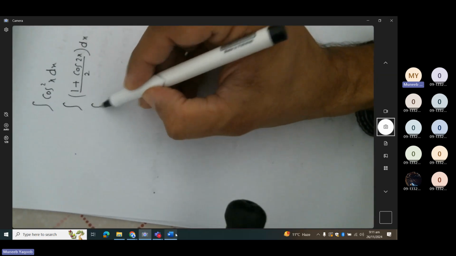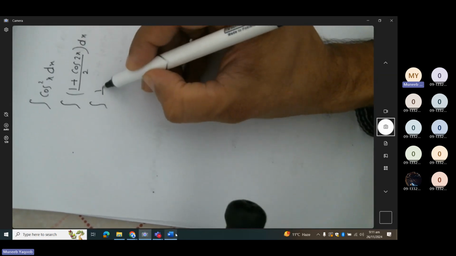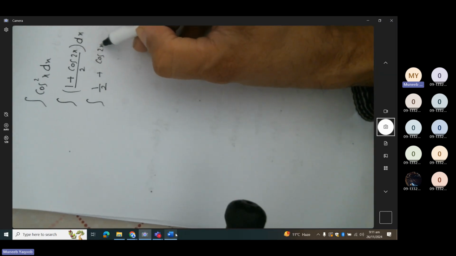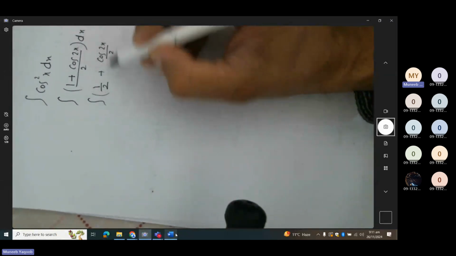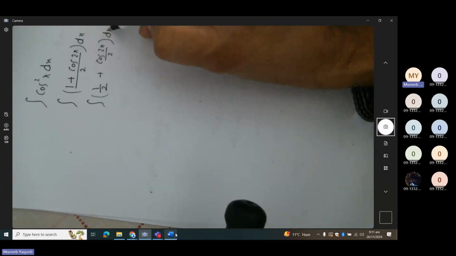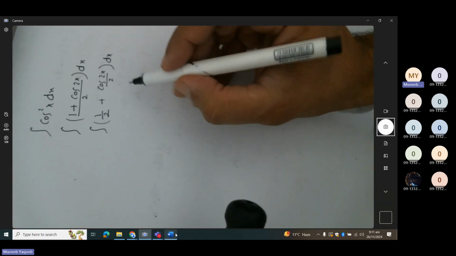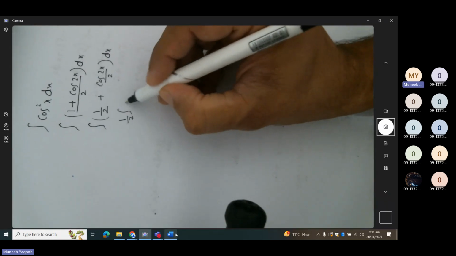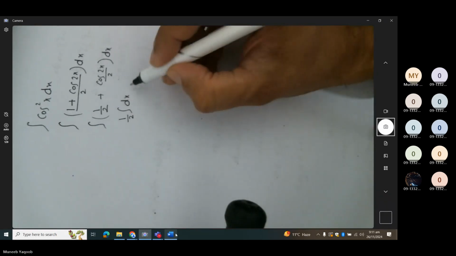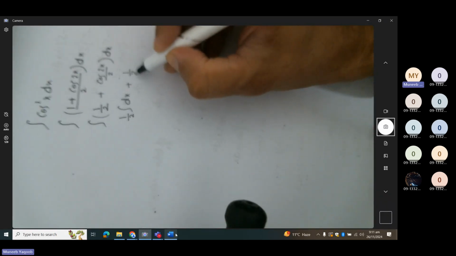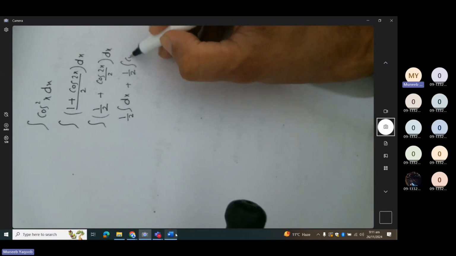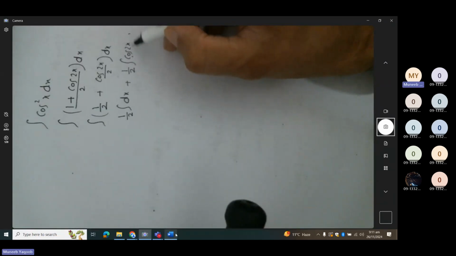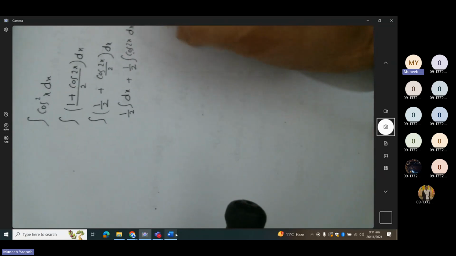Now again, we will separate the terms, so it will become 1 upon 2 plus cos 2x upon 2 dx. Now we will separate the integrals, so it will become 1 upon 2 times integral dx plus 1 upon 2 times integral of cos 2x dx.